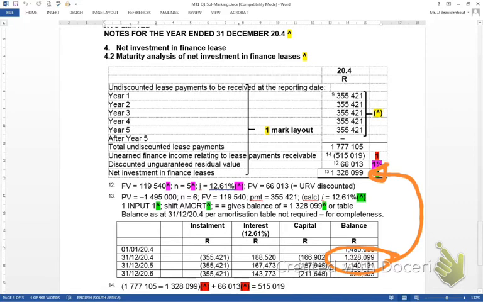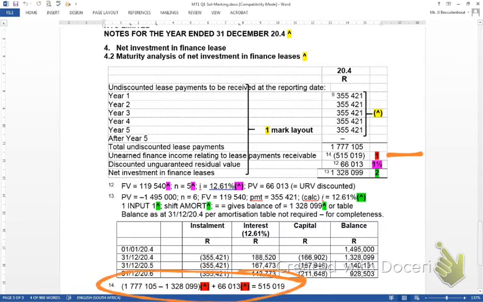That is now your balance that you have there. And now you can go and calculate this 515, that one there. To calculate that amount, you now take what you've calculated here, the 1777, and you also calculated the 66. That will now give you that answer there. Now you've done the whole calculation.